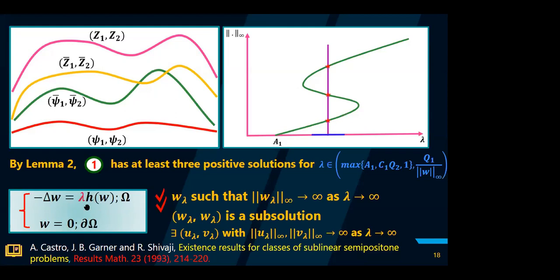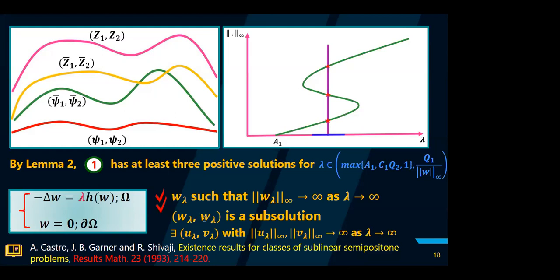If you consider this boundary value problem, these authors proved that this problem has a solution w lambda such that the sup norm of w lambda goes to infinity as lambda goes to infinity. Now I am going to take this ordered pair, w lambda comma w lambda. We can easily see that this is going to be a strict subsolution for our problem using the Hopf maximum principle.